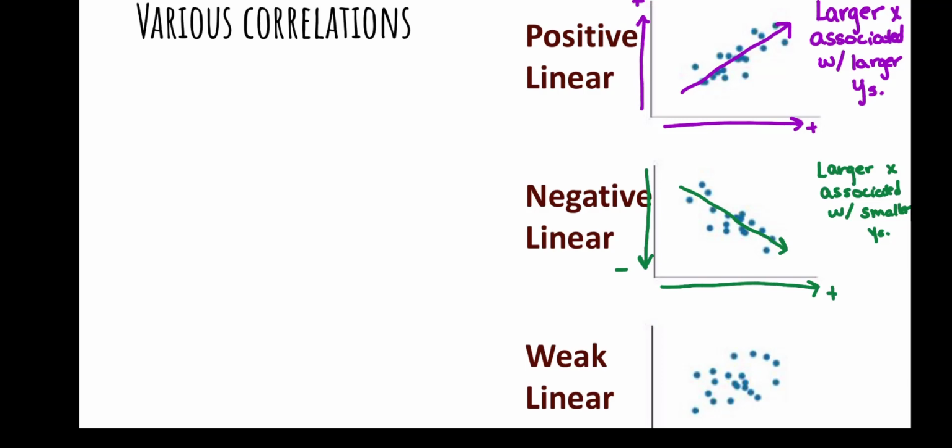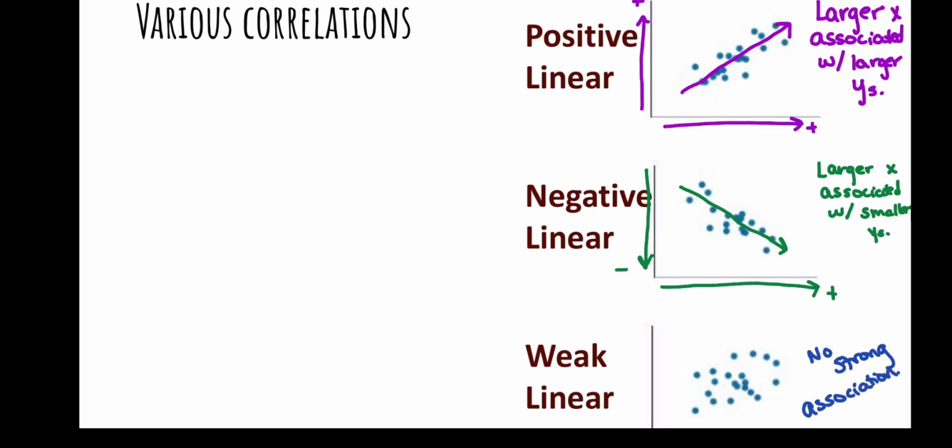Okay, and then we have when there doesn't seem to be a trend or a pattern at all. I can't really make out a line that these points are following. So you can also have a weak correlation, and that's when there is no strong association.